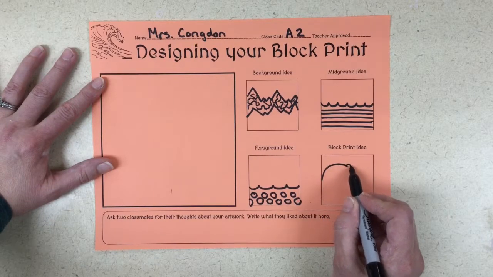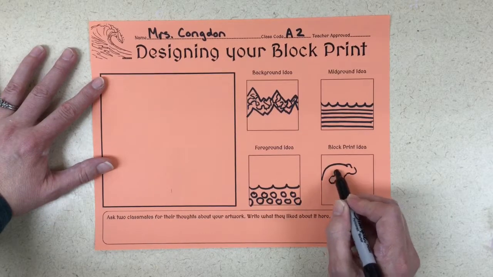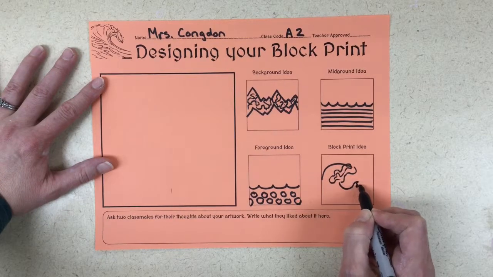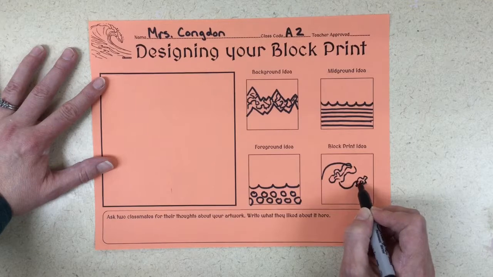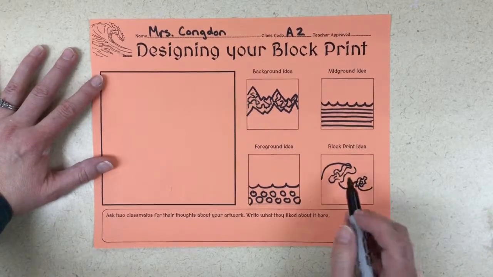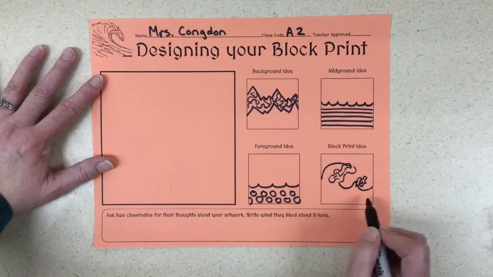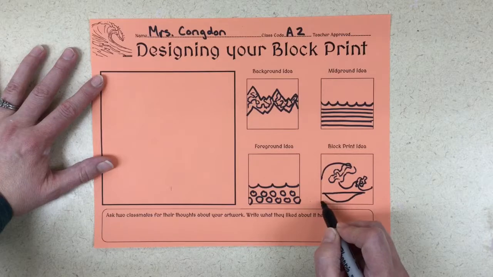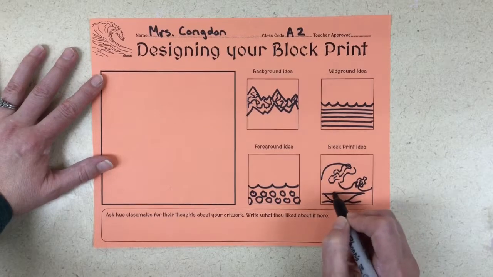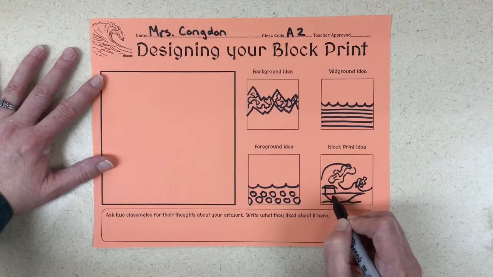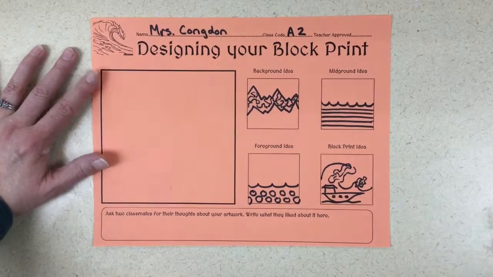We're going to practice drawing waves a little bit in class, so you'll have a better idea of how to draw that wave when you get to it, or you might want to draw a boat in there as well. That part's going to be completely up to you. You might want to add a ship down in your waves. You'll have lots of opportunities for carving those boats into the foam plates.